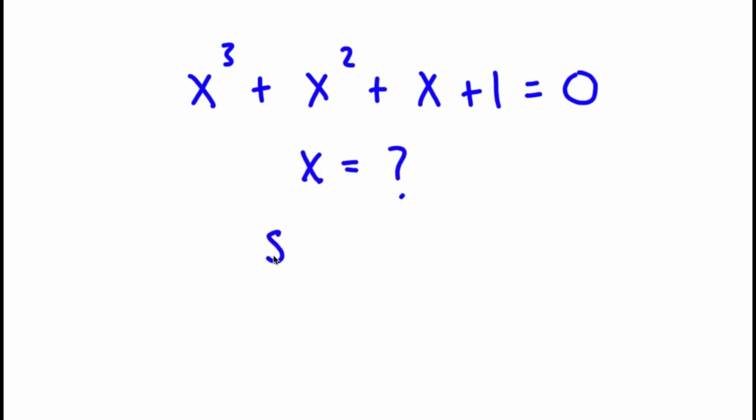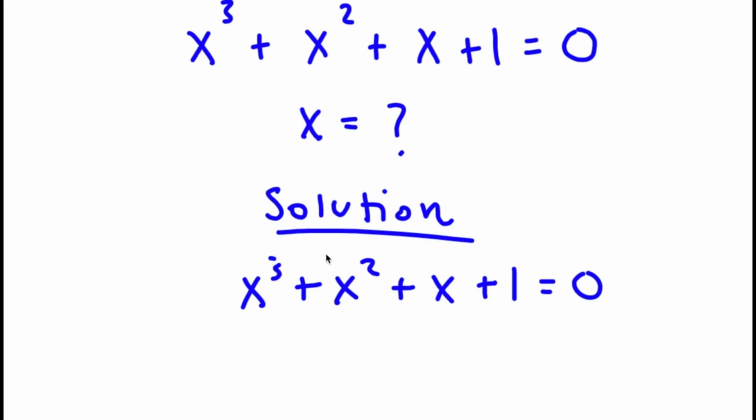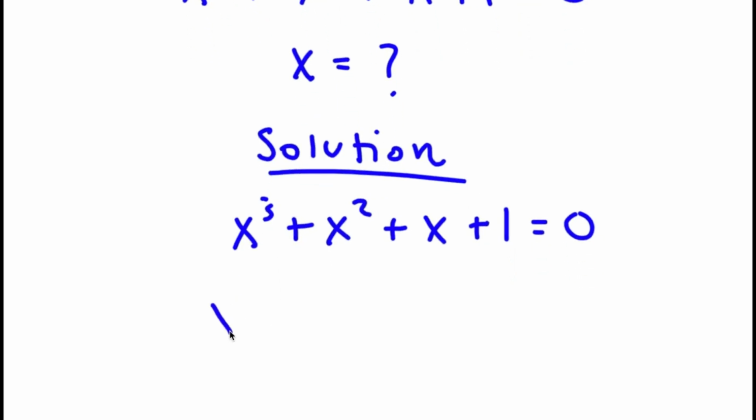So for my solution, first start with x to the power of 3 plus x to the power of 2 plus x plus 1 is equal to 0. So now, from x to the power of 3 plus x to the power of 2, I'm actually going to factor out x to the power of 2.